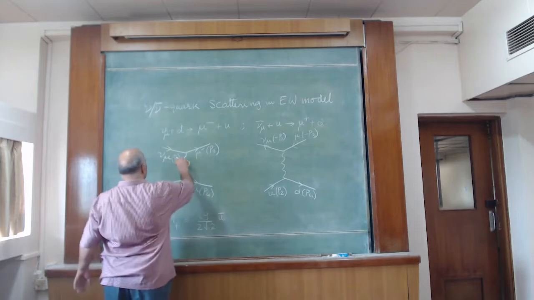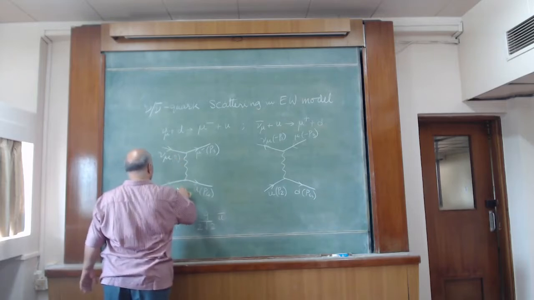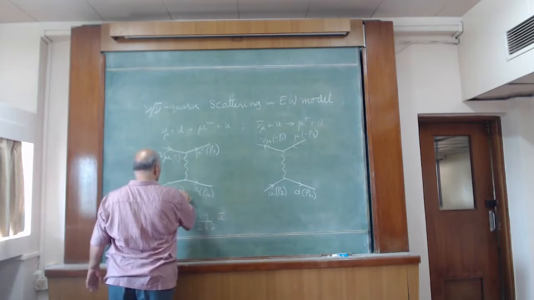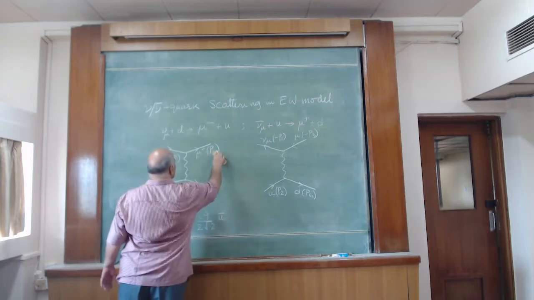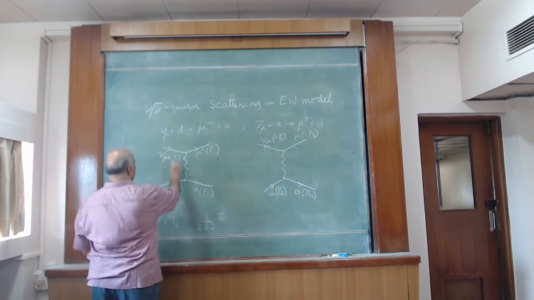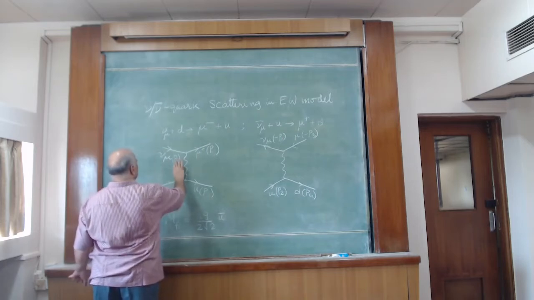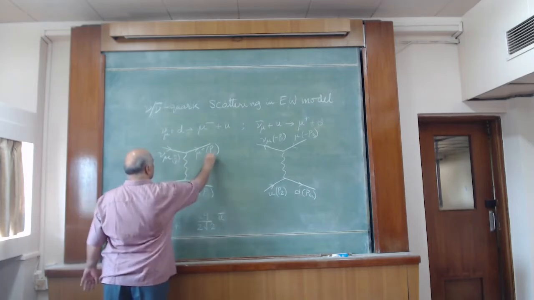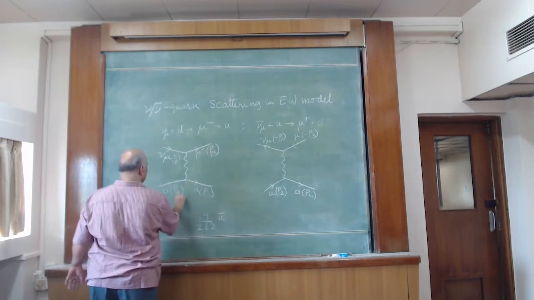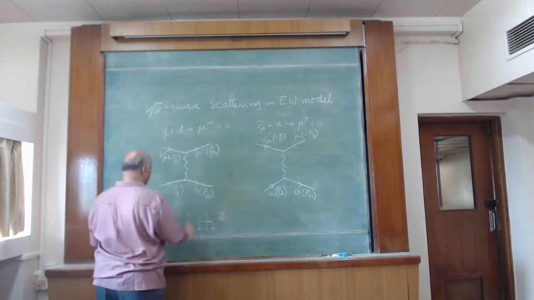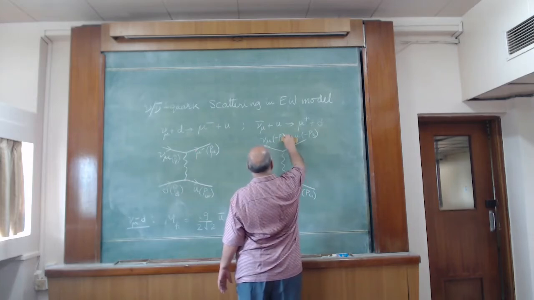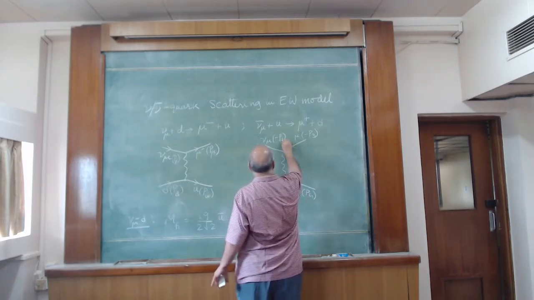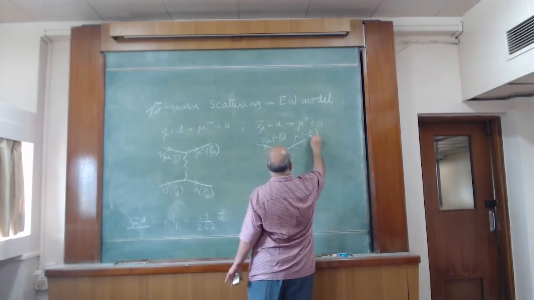Let me not use P1, P2, P3, P4, just to keep it simple, so we'll write it P mu, PD, PE, and similarly this P mu.